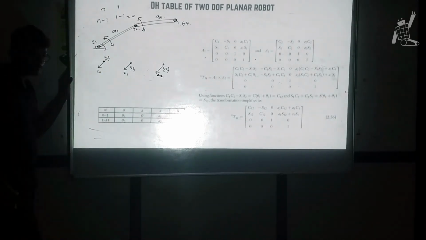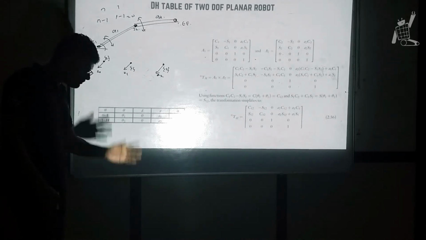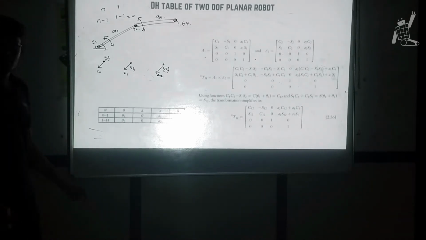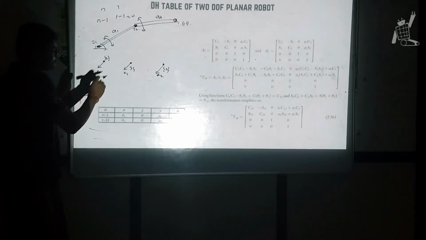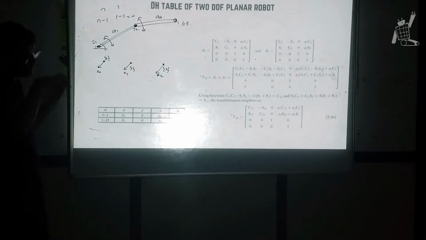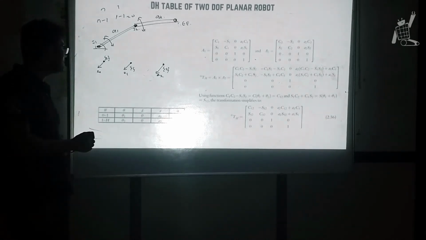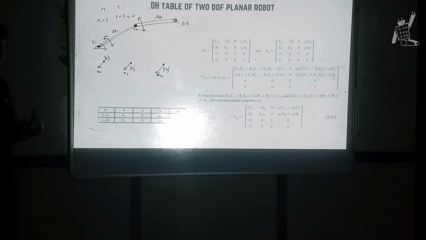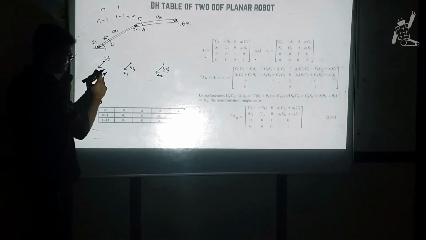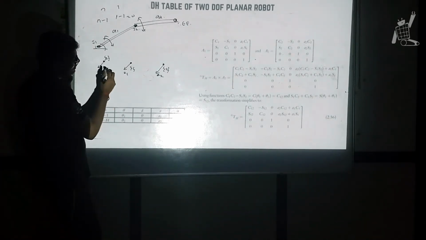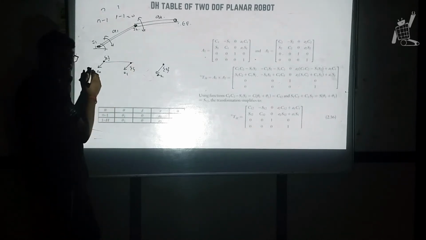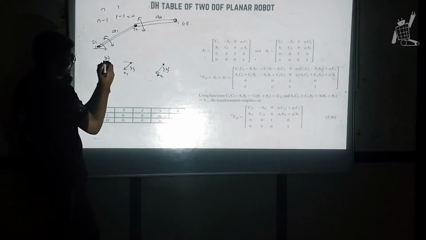After the Z axes are marked, now we need to mark the X axes. The X axis direction will be along the common normal between the two Z axes. These are Z0 and Z1, and the common normal distance between them is this.